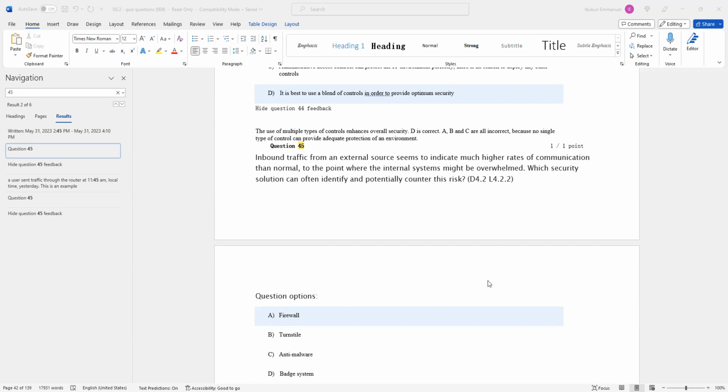What a firewall does is that you configure it to block outbound traffic. You can say that all traffic going out on SMTP port 25, which is your email port, should be blocked. And what that would mean is that users wouldn't be able to send outbound emails.